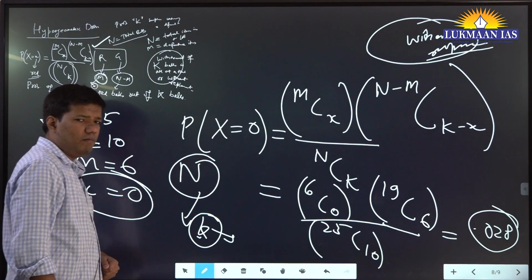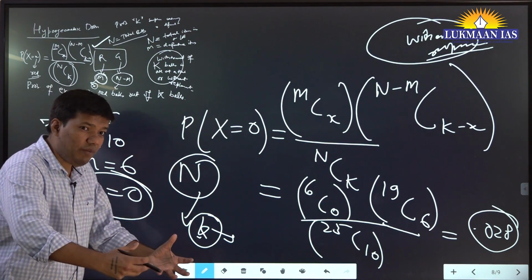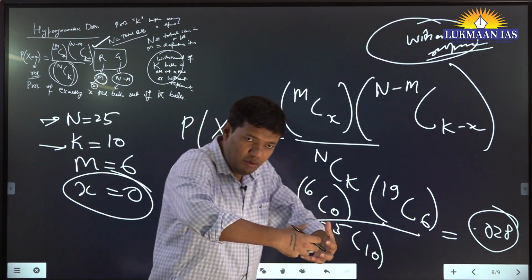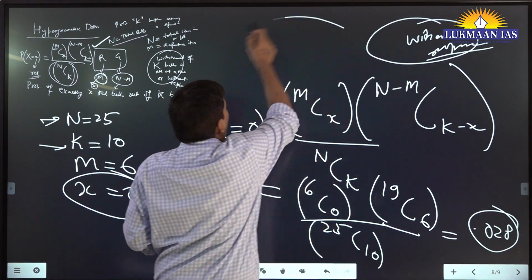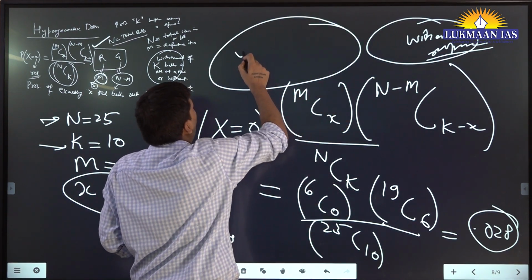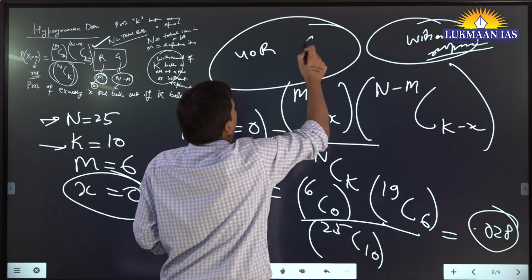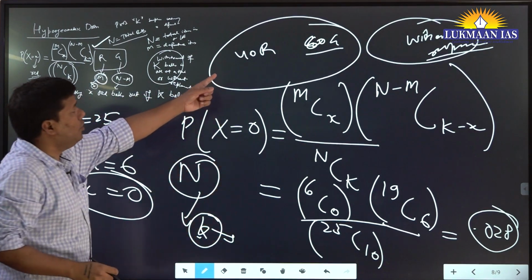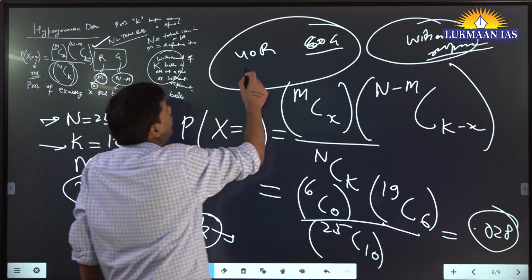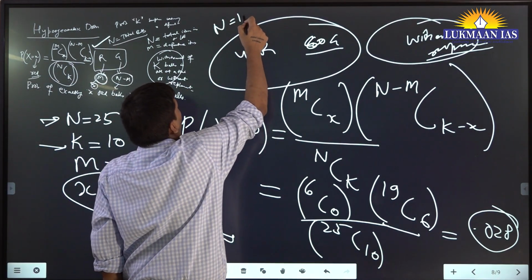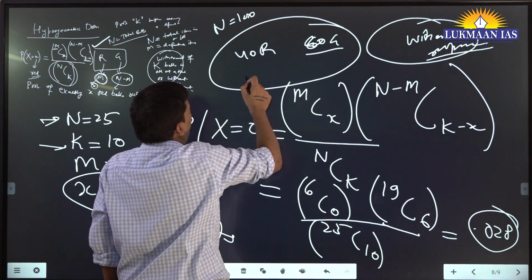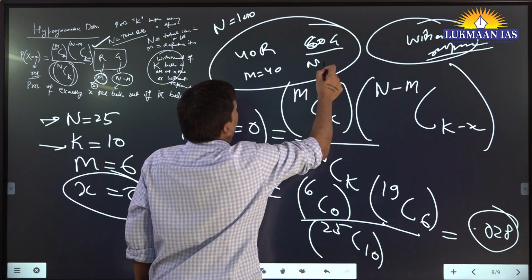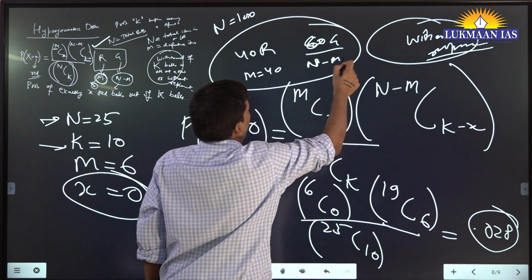In one draw, how many items did you take out? See, let's say there is a bag. It contains 40 red balls and 60 green balls. This is your total, N is equal to 100. And you know M is equal to 40 and N minus M is equal to 60.